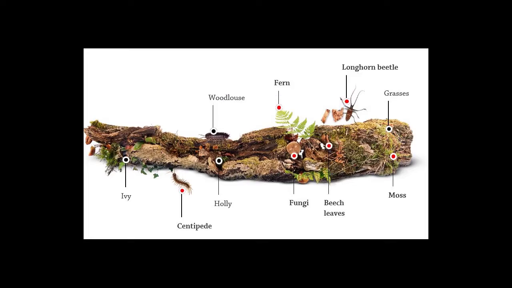Eventually the log will decay and decompose and end up turning into soil, which then is ready for an acorn to fall into, or a seed to fall into and grow a sprout. And then the life cycle begins all over again.